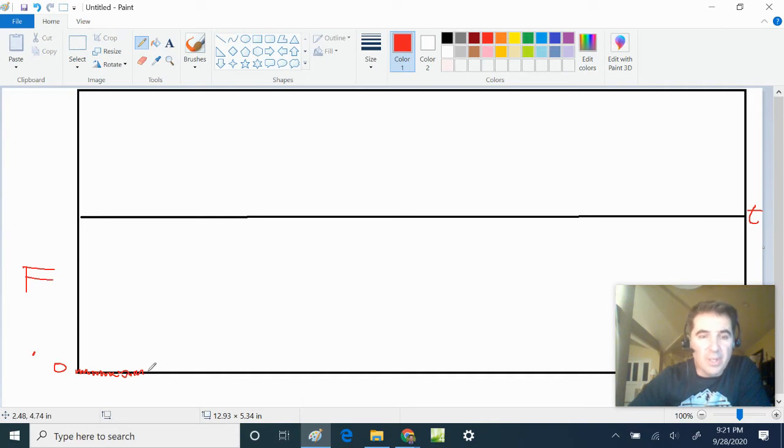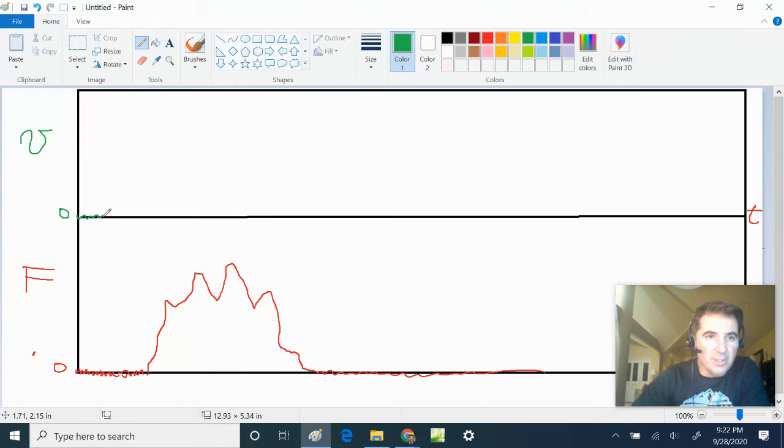Then, if you've watched the video, you know what's going to happen: you're going to pull, and as you pull, it's going to give a mountain shape like this, and then you're going to stop pulling. As a result, and I'll show this in green, the velocity of your cart, which is sitting here doing nothing, is zero.